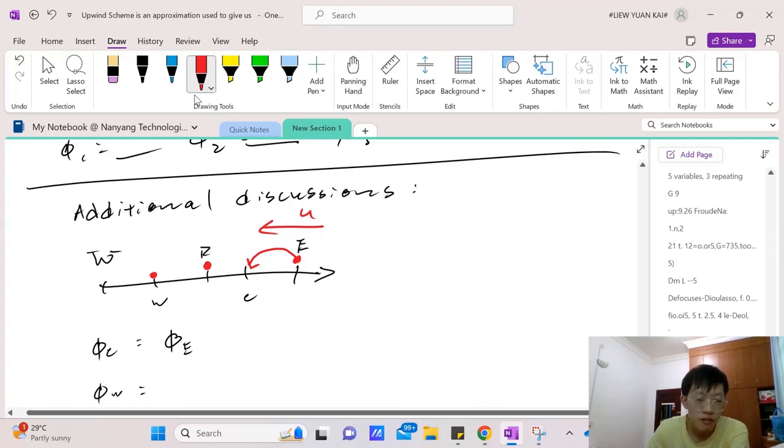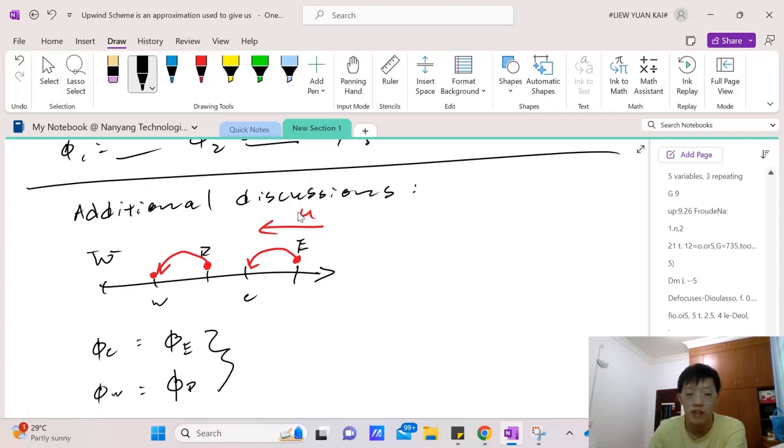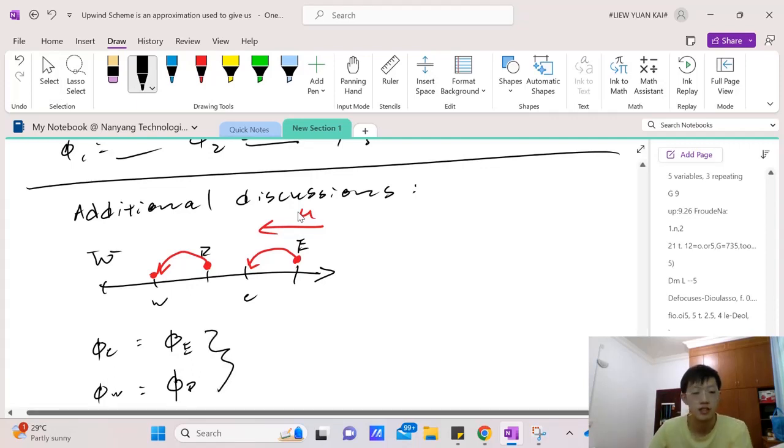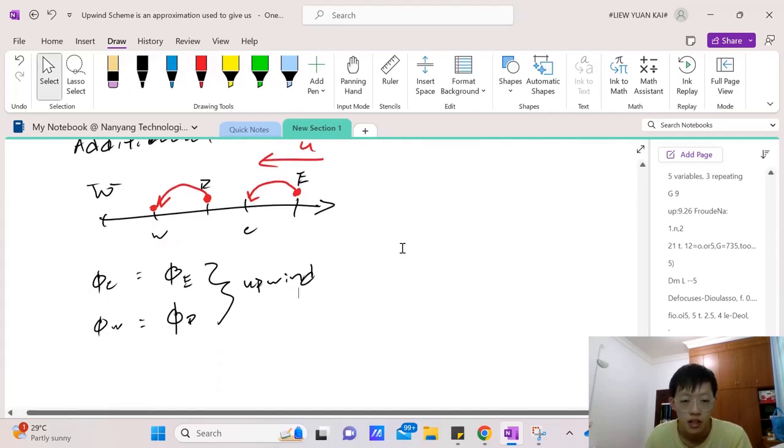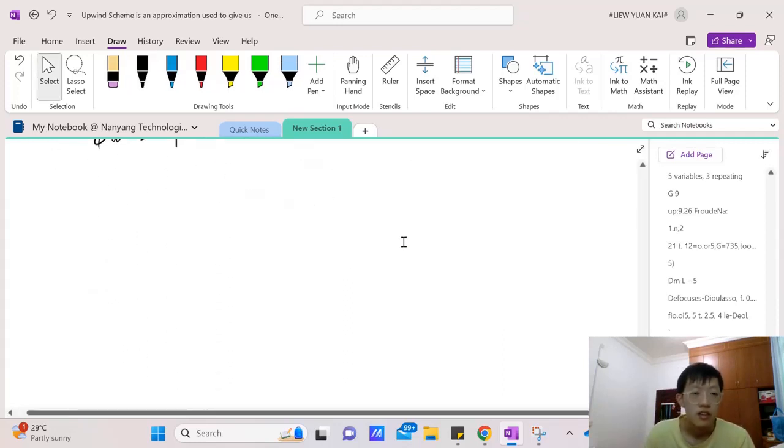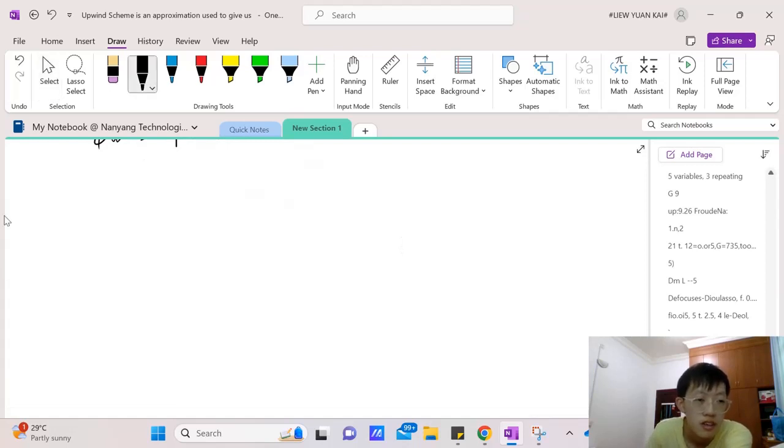The wind will blow phi p onto phi small w, so phi small w will be approximated as phi p. So this will be the upwind scheme if the wind is blowing in the opposite direction. It's also the upwind scheme, but now u is flowing opposite to what we discussed in this problem. Now let's talk about the stability.